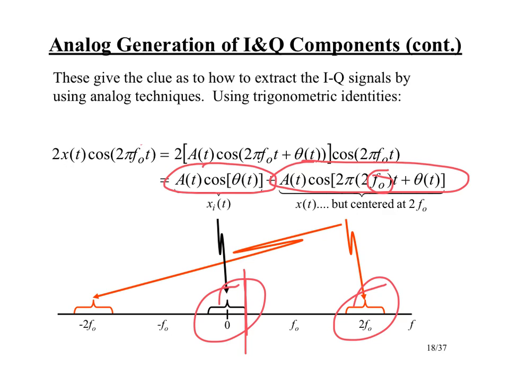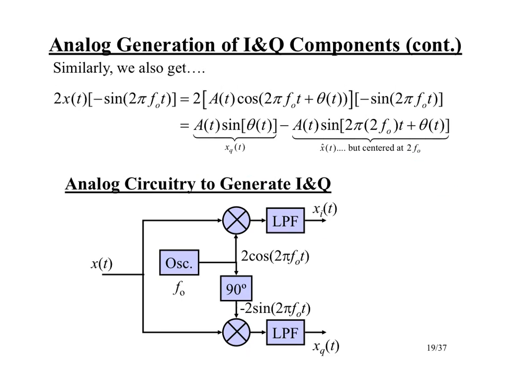So the next step is to just slap a low-pass filter around this, and that will get rid of these two terms and leave us with just the x_I of t. And so that's exactly what we do. We can similarly multiply our x of t by a negative sine and find out that we extract the Q part plus another term up at 2f0, and that can be filtered out.